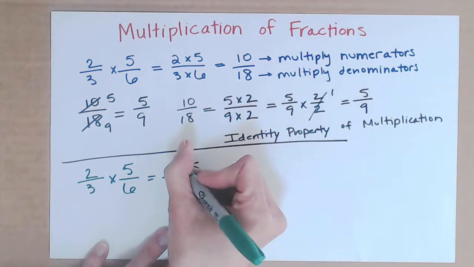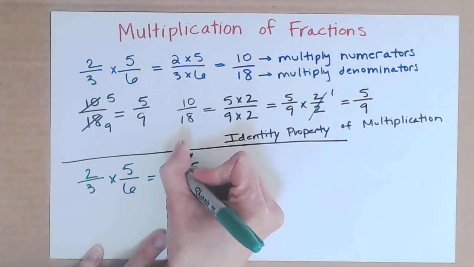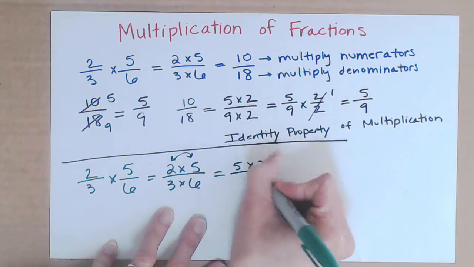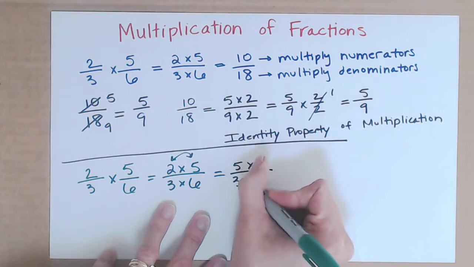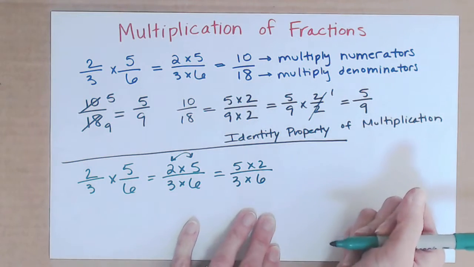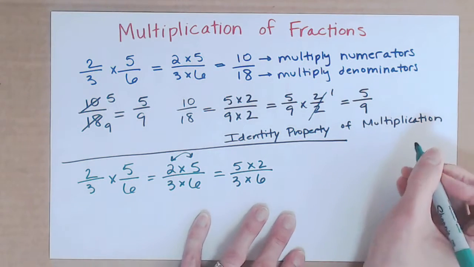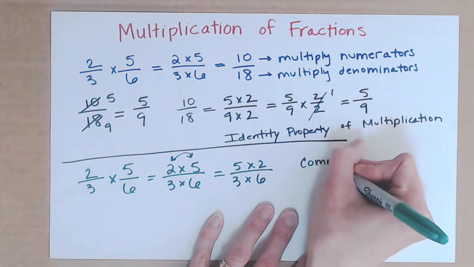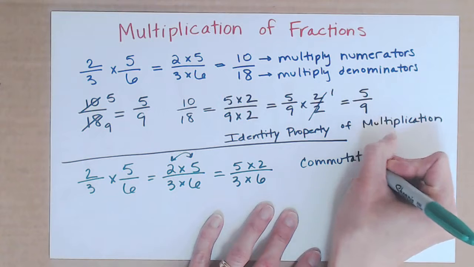Now what we're going to do is switch the order of these two numerators. We're going to say instead 5 times 2 over 3 times 6. Now why can we say that's the same? It's another property of multiplication. This time it's the commutative property of multiplication.